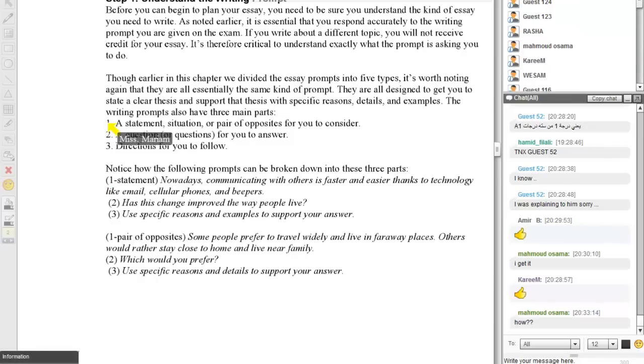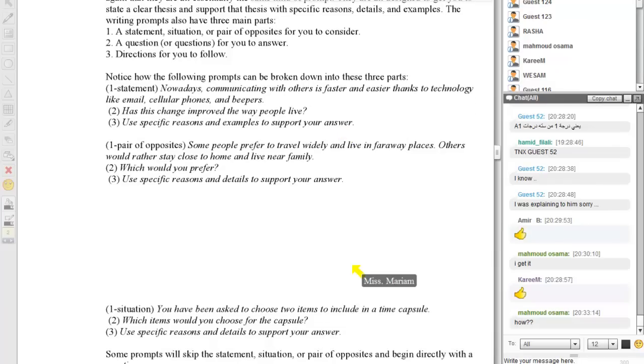Number 2, the second part, is the question: has this change improved the way people live? You are going to say your opinion. Number 3, the directions: use specific reasons and examples to support your answers.